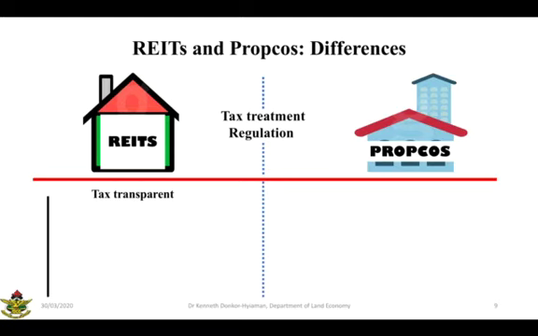REITs generally do not pay taxes at the company level, provided that they conform to a number of restrictions which typically include the following. 1. That they discharge a majority of taxable income as dividend. 2. That they limit their leverage.